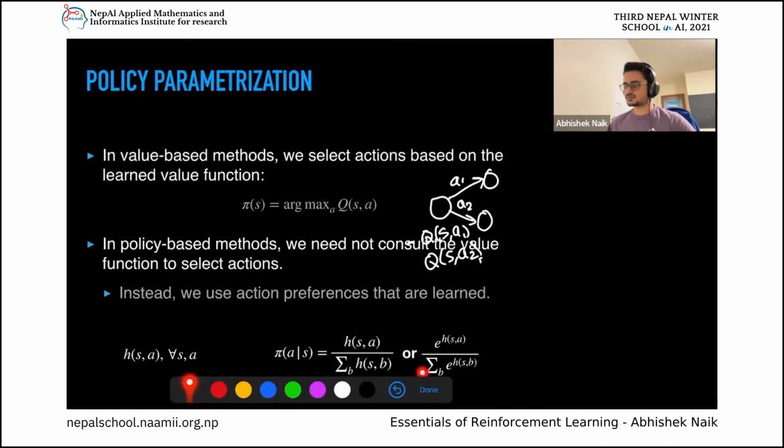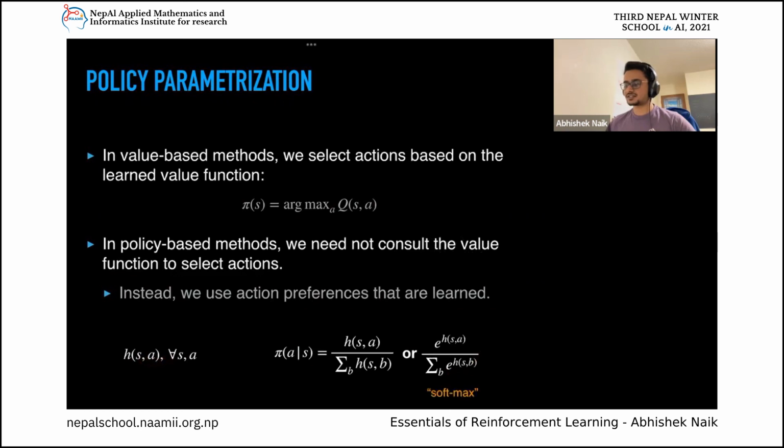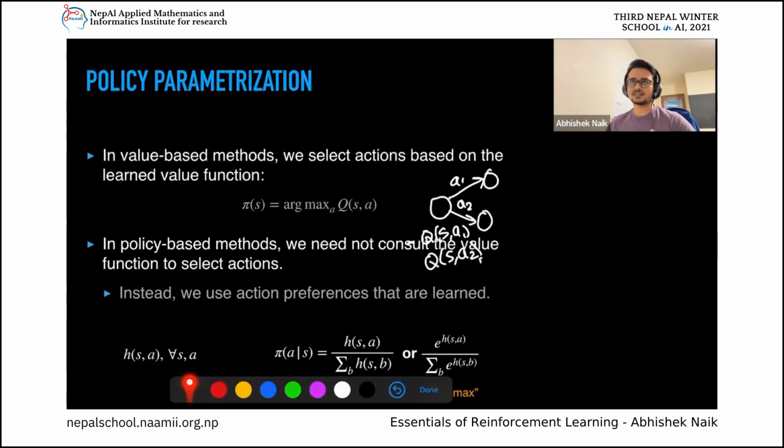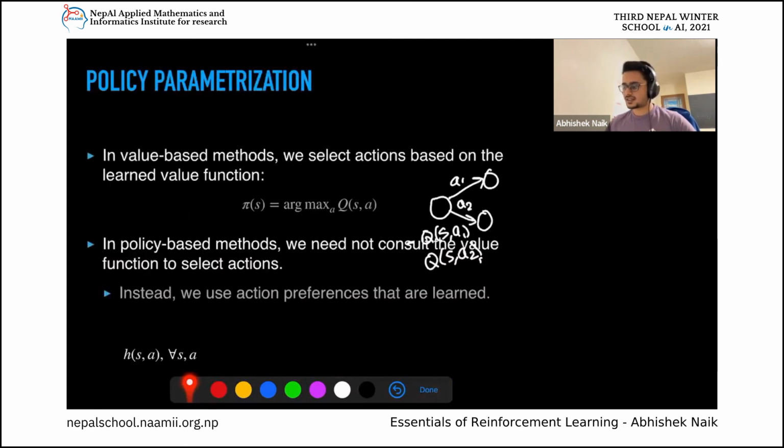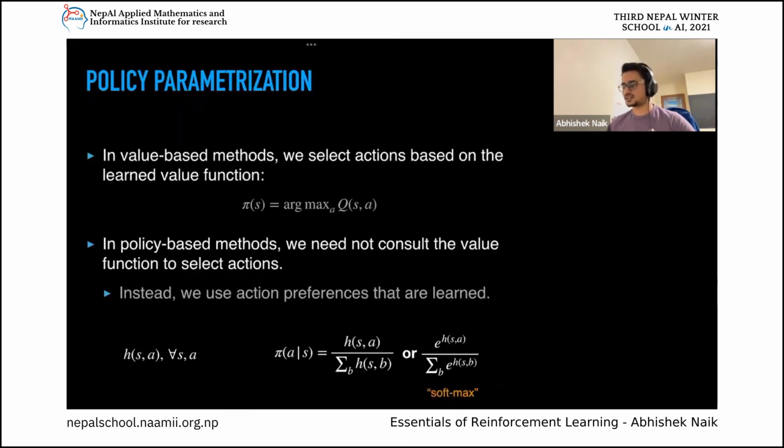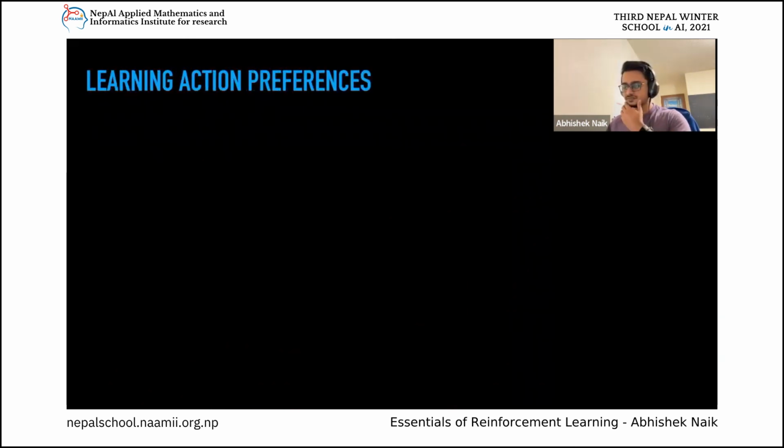This ensures that both these quantities are always positive, irrespective of the sign of your preferences. And this thing is called a softmax. So here you had a hard max, but now you have something called the softmax. That's where the name comes from.